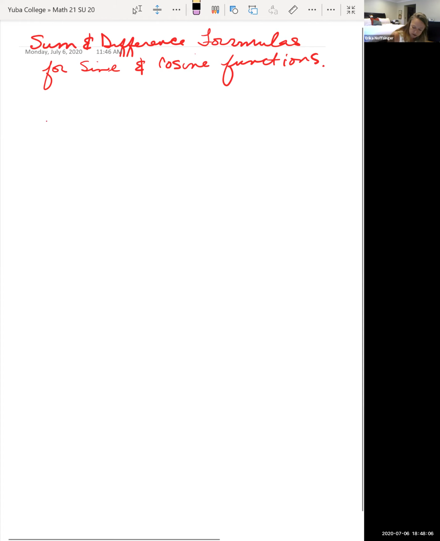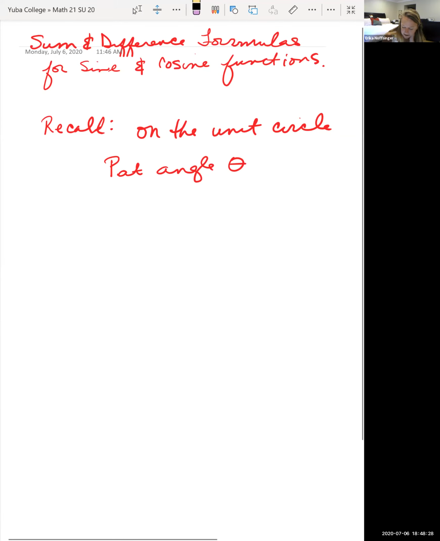So recall, on the unit circle, P at angle theta is cosine theta, cosine is your x value, comma, sine theta.